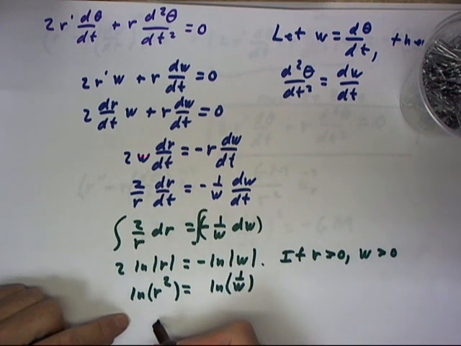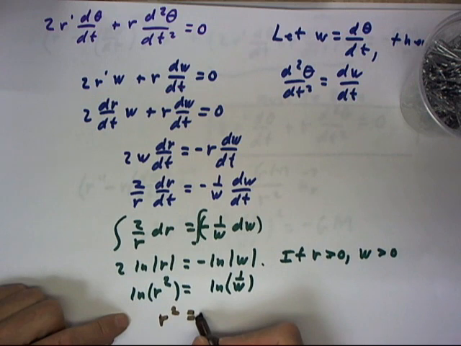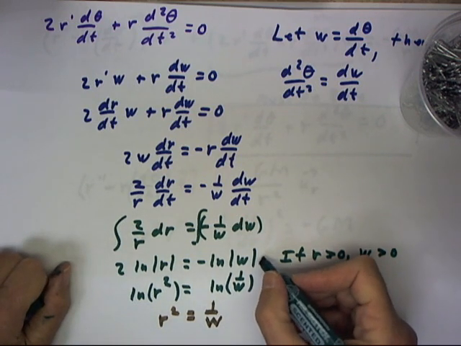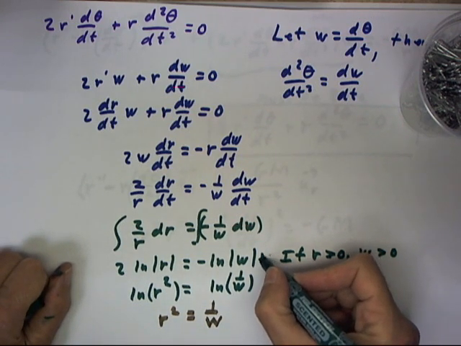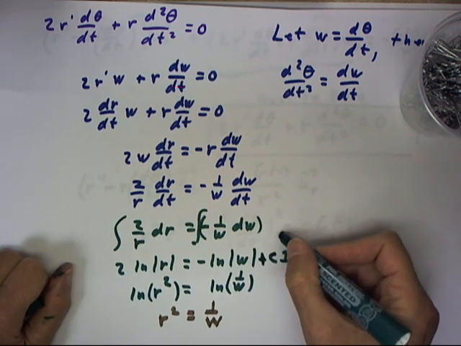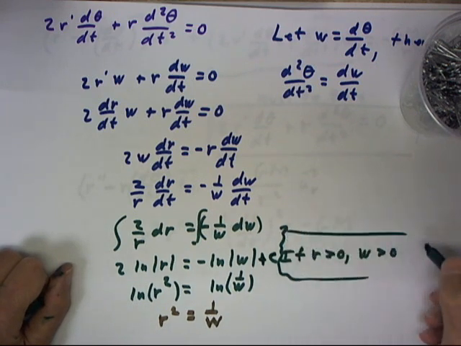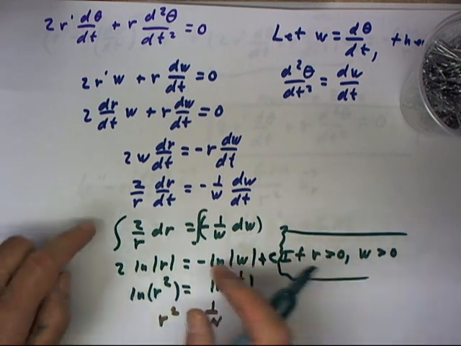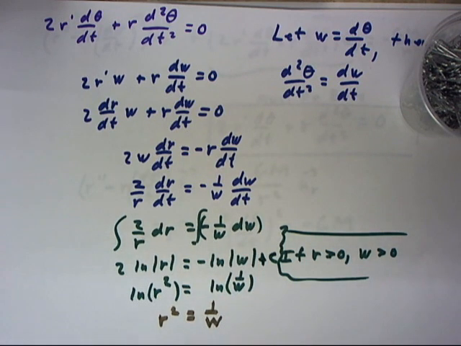So that ln r squared equals ln of one over w, and I've gone and forgotten my integration constant, which we're going to need. So I'm going to say plus c. Put a little dividing line here.